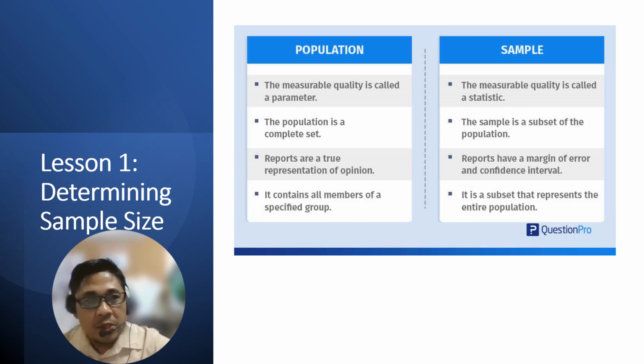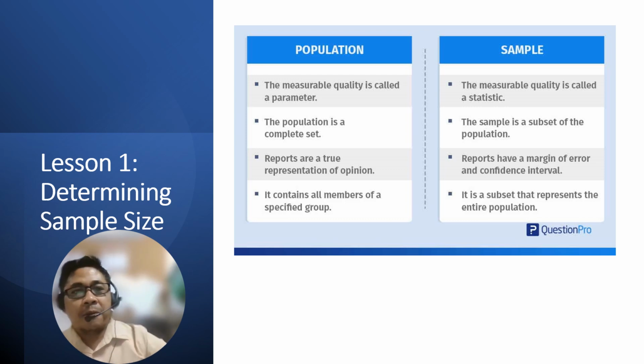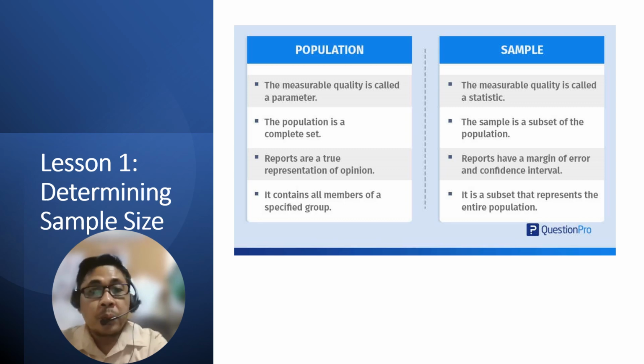So research with the population as respondents would really provide us with a conclusion, because it's not a representation of opinion, but it's the actual report from the respondents, not just a representative.